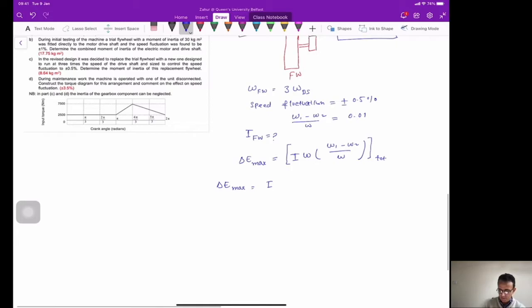So I of the flywheel, omega of the flywheel, and this omega 1 minus omega 2 divided by omega is constant for both.